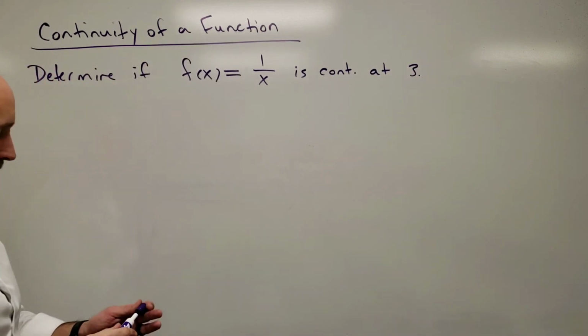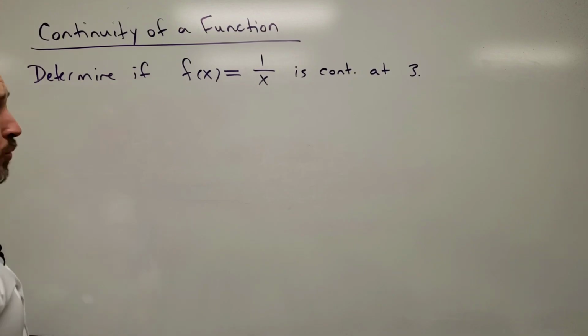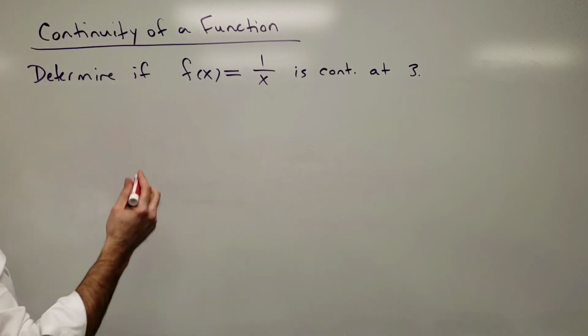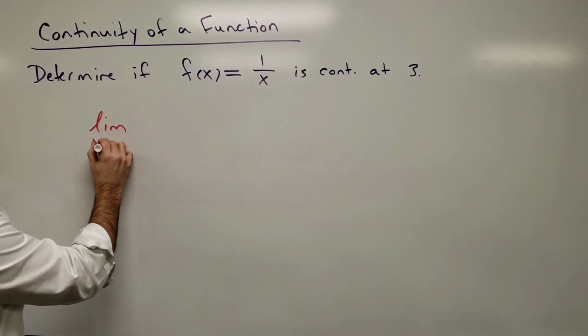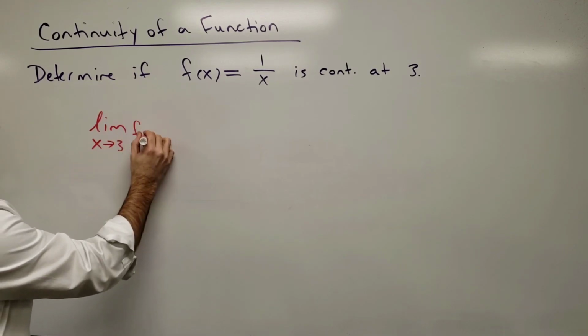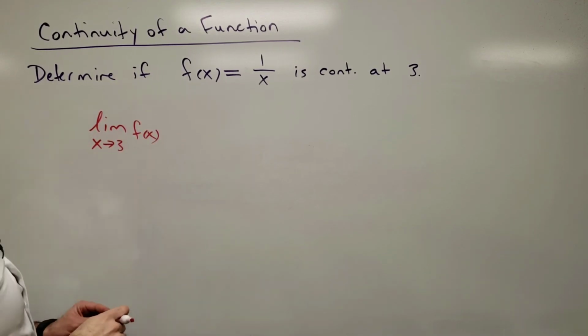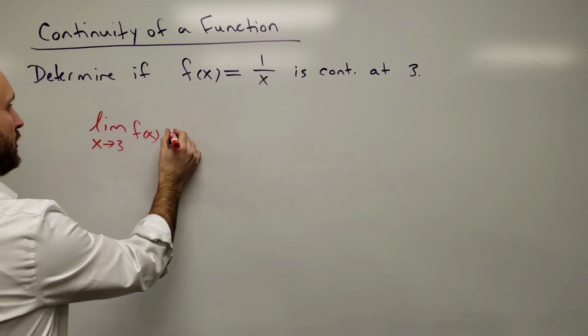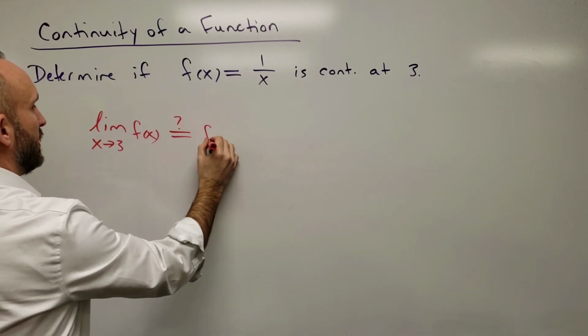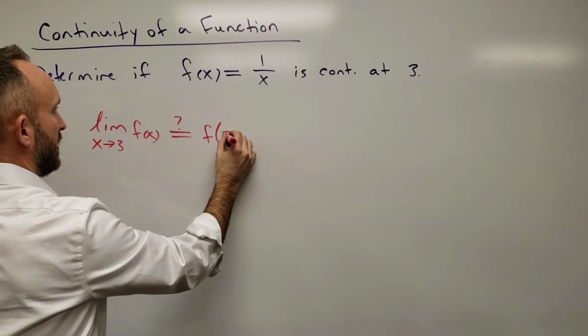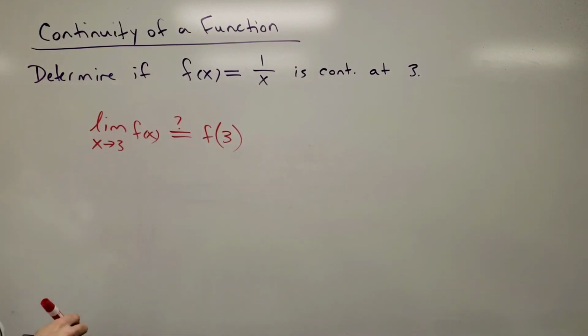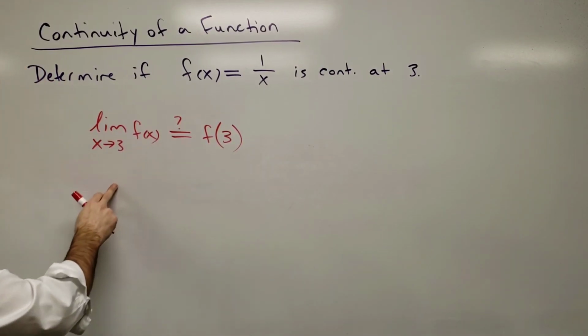Determine if that's continuous at 3. Well, so how do we do that? We look at the limit as x approaches 3 of f of x. And we want to know, does that equal the output of f at 3? Is that true? So let's evaluate both of these.